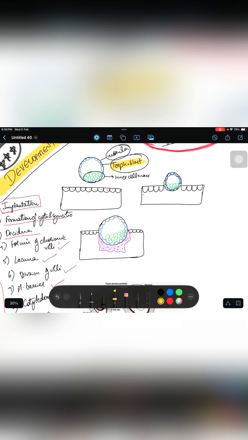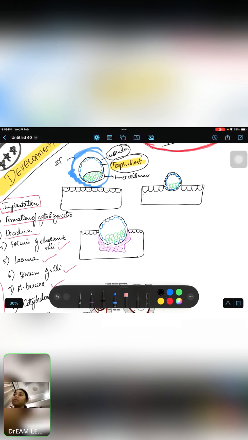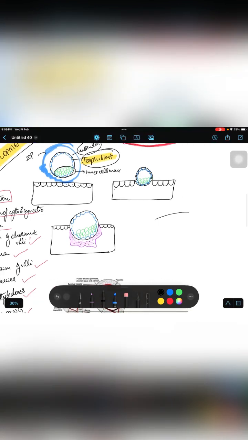So to prevent the trophoblast attachment, this morula will be surrounded by zona pellucida whenever it is traveling towards the uterus. Let us say this is the fallopian tube and this is the uterus, and the morula will be there like this, but you have the trophoblast, so it can attach anywhere.